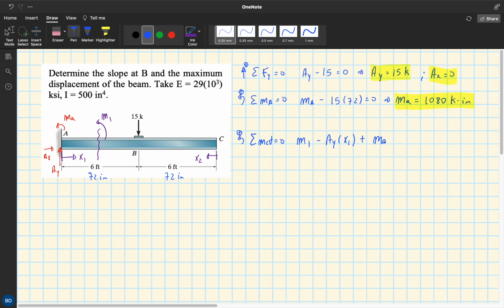I'm just going to write MA first, equal to 0, but then we know that MA is 1080, so we can replace it, and we also have AY equal to 15. Okay, so when we rearrange, we have 15 times x1 minus 1080, and this is going to be our moment M1. Okay, I'm going to take the opportunity here because I can draw later side by side.